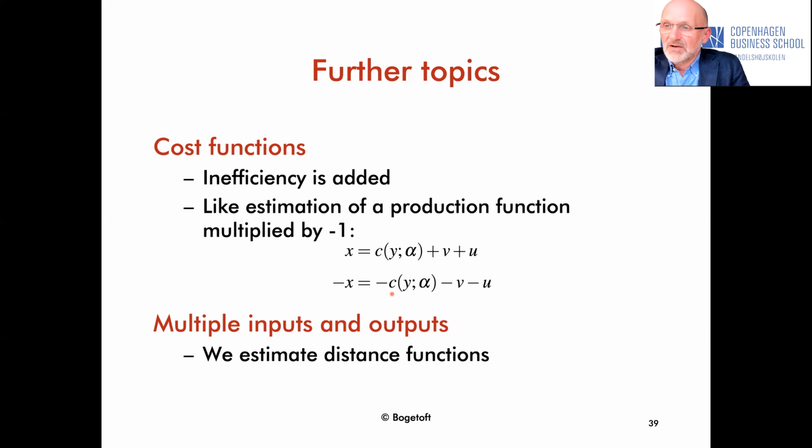You just switch around those things, change the signs, and exchange inputs and outputs, and then you can use a production function procedure to estimate a cost function. But as I said, I think the most recent version of our package implemented this cost function.